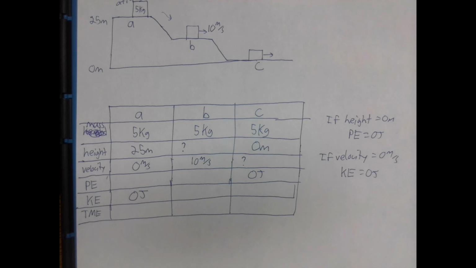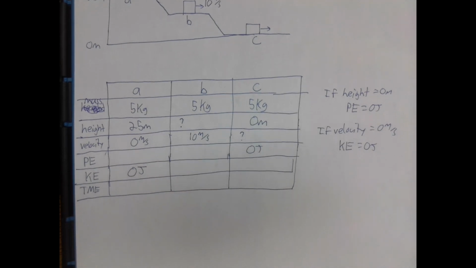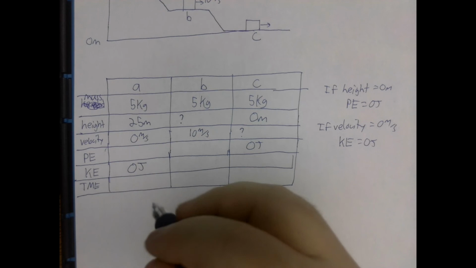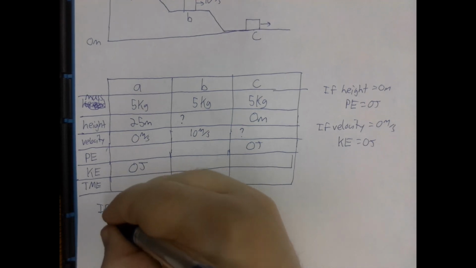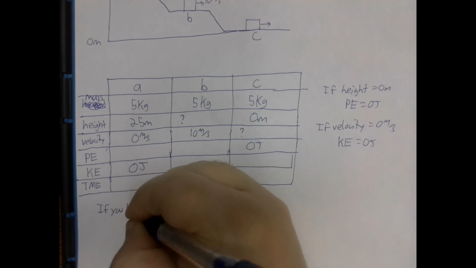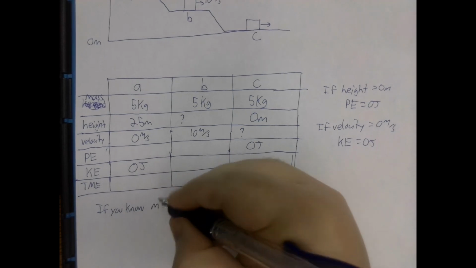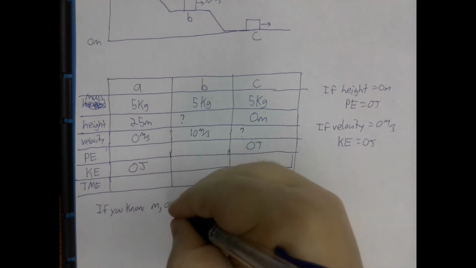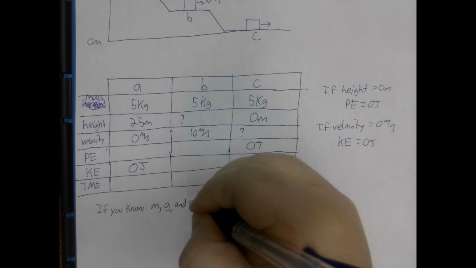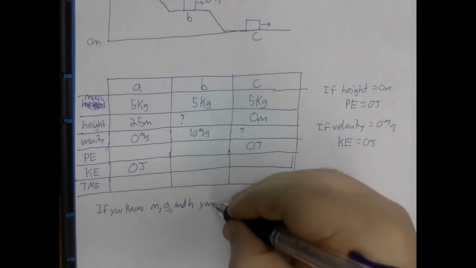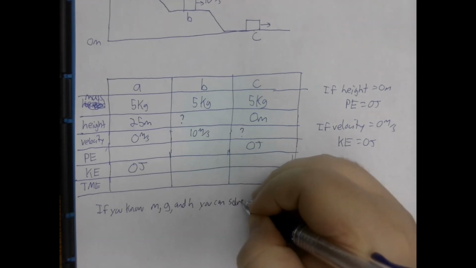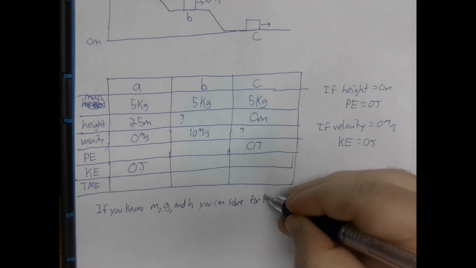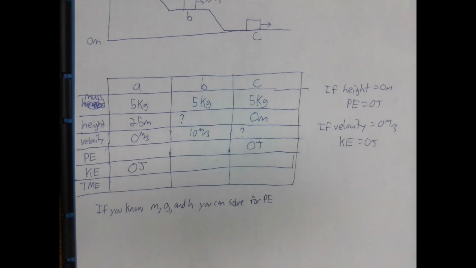So now let's try solving for all the potential energy we can solve for. If you know mass, G, and H, you can solve for potential energy. So let's look at all the ones we know potential energy for.